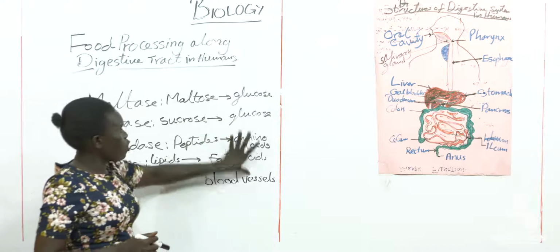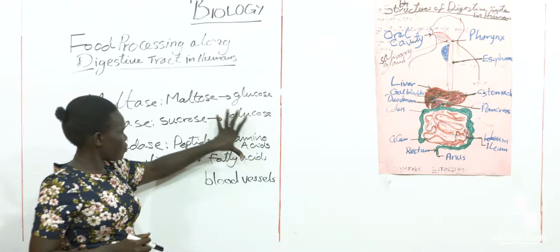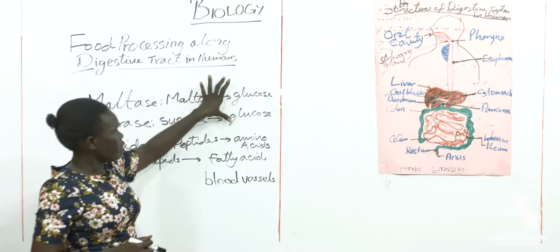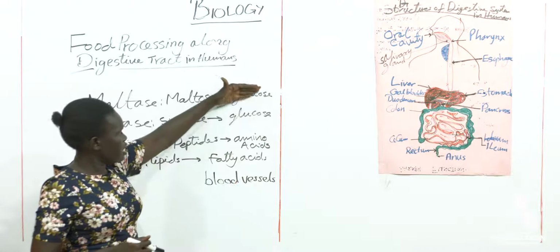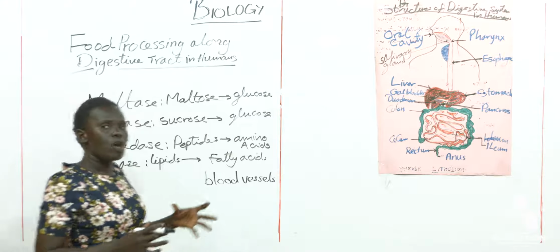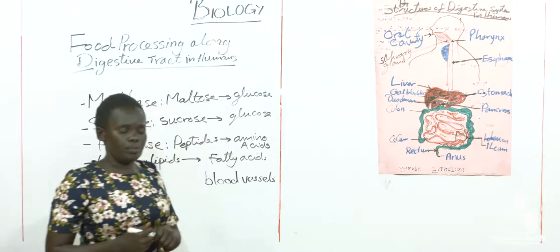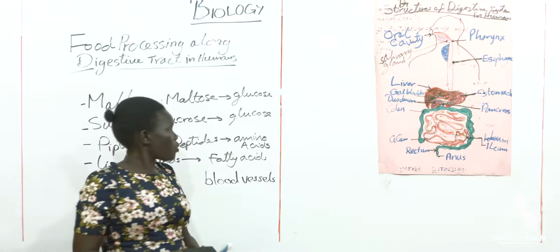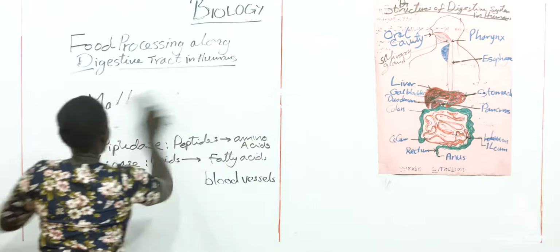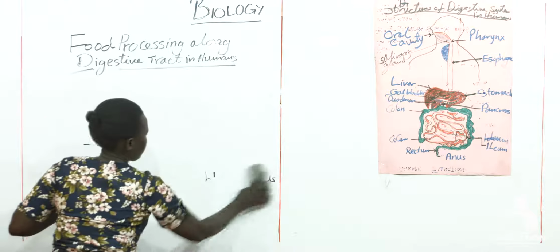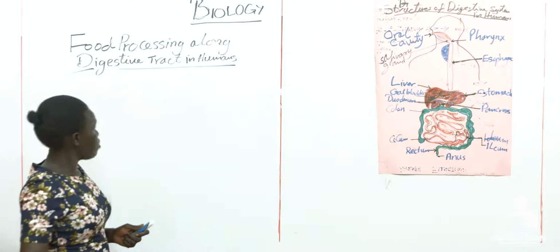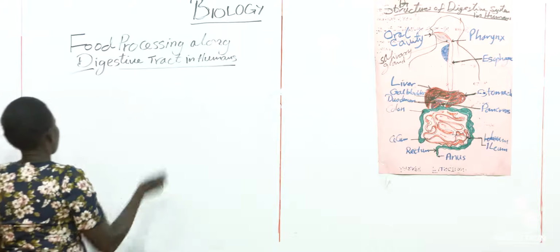What is remaining now? Absorption. These nutrients are to be absorbed by the cell. So our subtopic is absorption of nutrients in animals, one of the processes of food treatment.